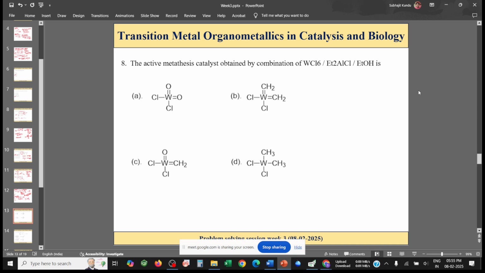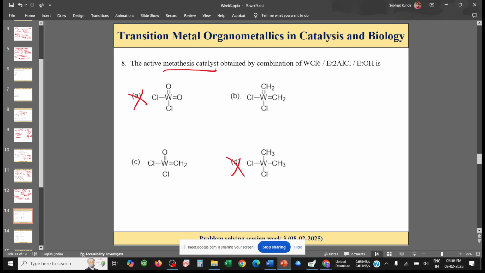As we are seeking the metathesis chemistry, and in metathesis chemistry we know that it undergoes a carbene intermediate. So option A, which is not a carbene complex, and also option D, which is also not a carbene complex, we can easily eliminate.